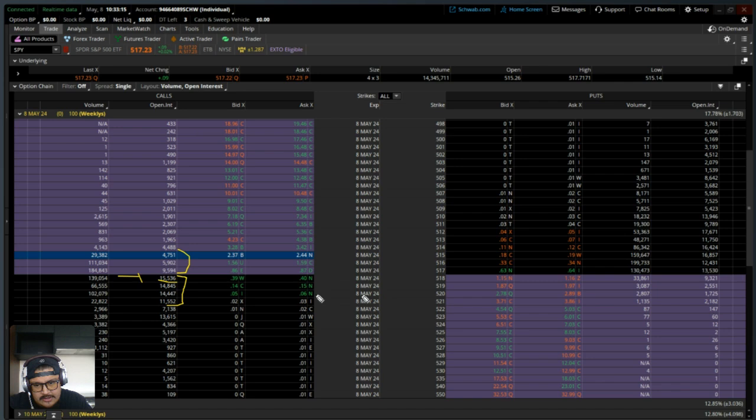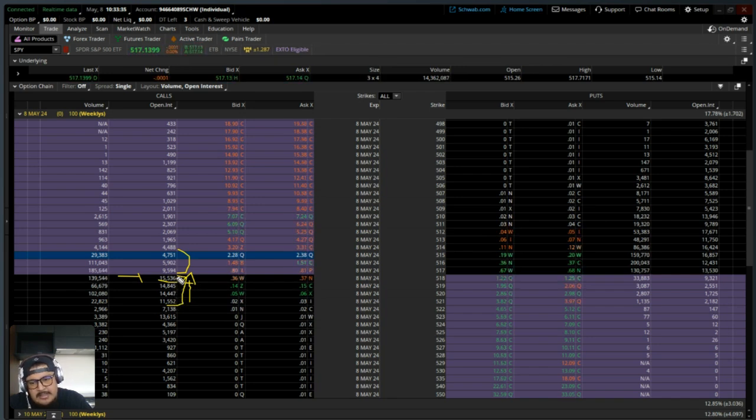Because of the market makers, they want the premium to expire worthless. They need the price to stay below 518, so underneath this 518. This is actually downward pressure from the market makers. They want all of this open interest, all of this premium, to expire worthless, so they want the price to stay below this 518.